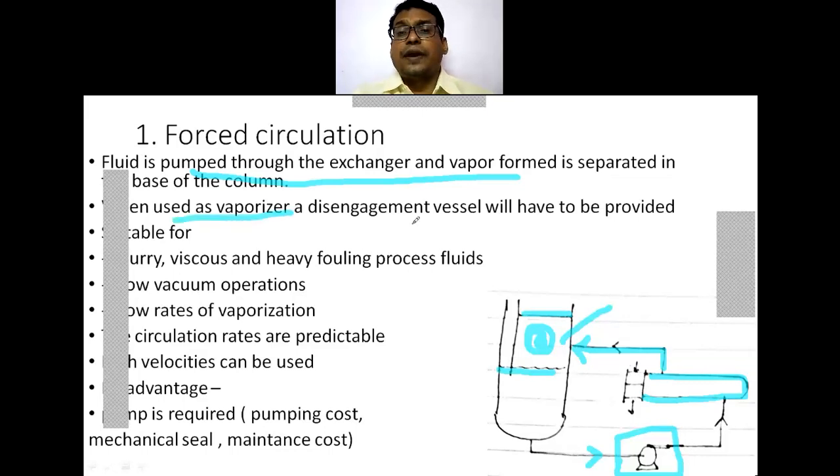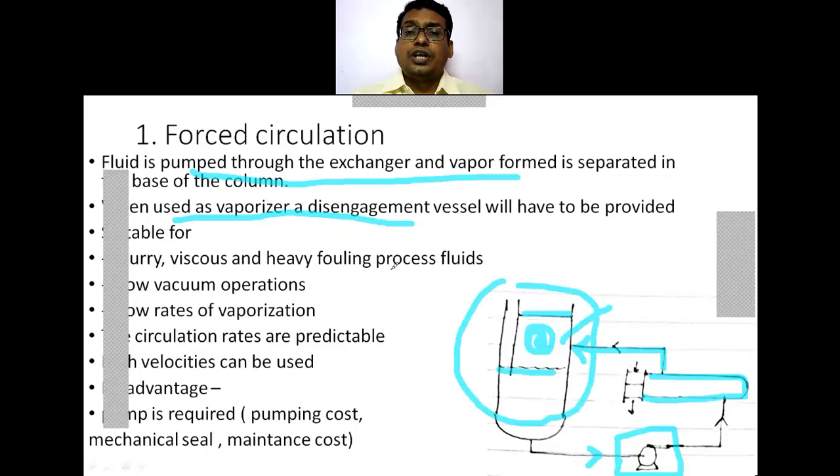When used as a vaporizer only, a disengagement vessel is provided separately. If it is not attached to a distillation column, then a separate vessel is provided for the separation of the vapors and the liquid, so that only vapors go out and the liquid is recirculated back.